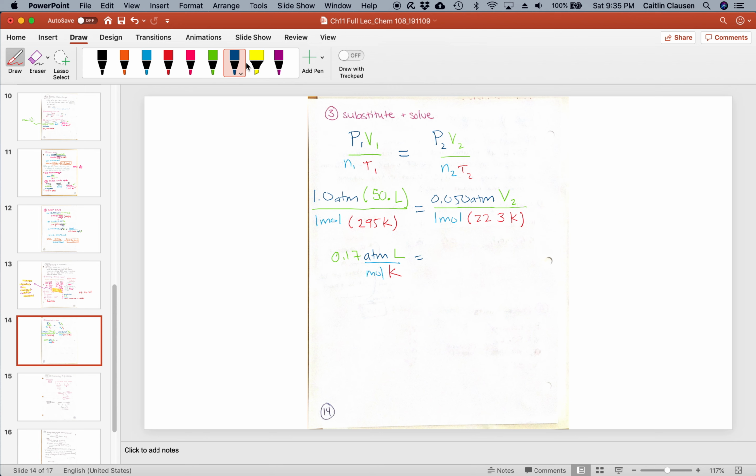And then if I calculate on this side, I am left with 0.050 divided by 223 Kelvin. So here I am left with, let's sum this out, .00022 atmosphere over mole Kelvin. And the V2 is still there.